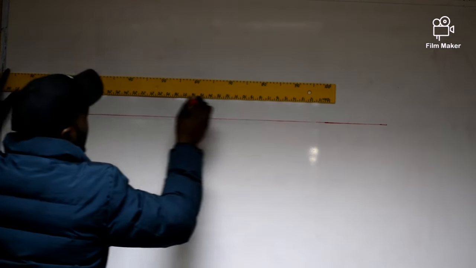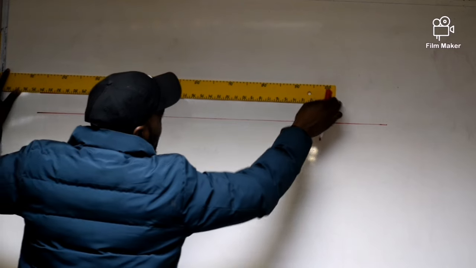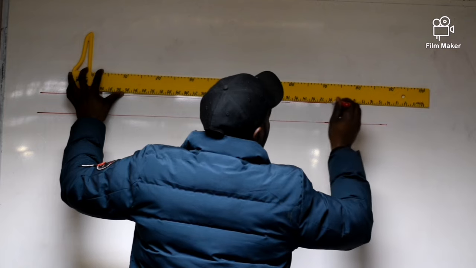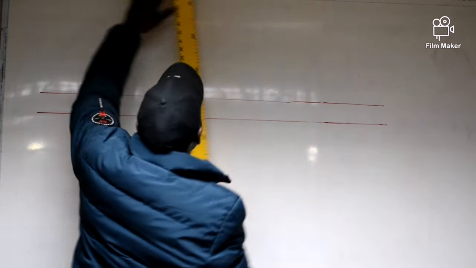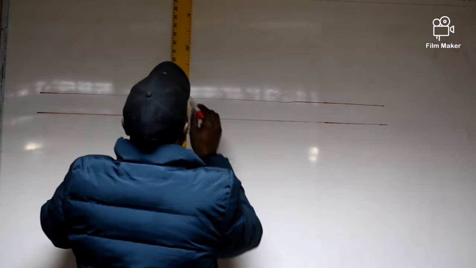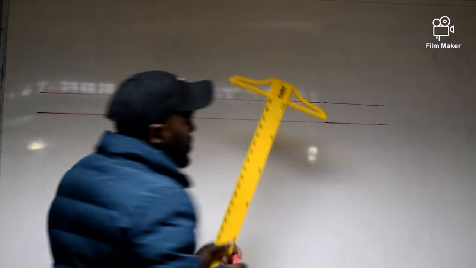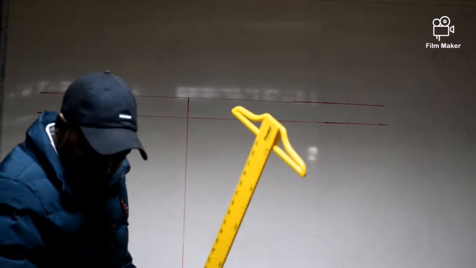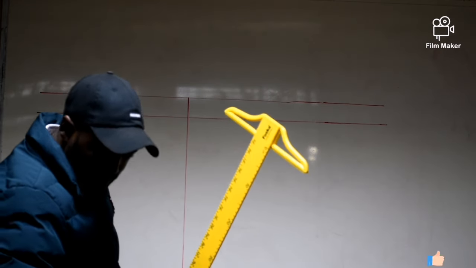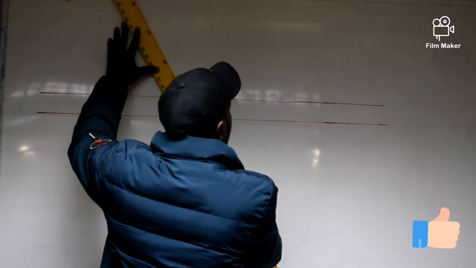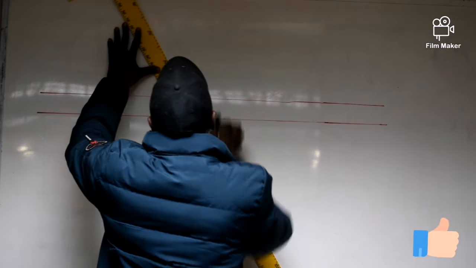This one I'll already make my horizontal line. If this is angle 30, which means this one should be 60.